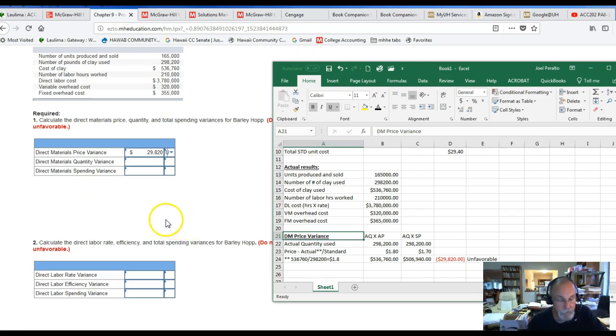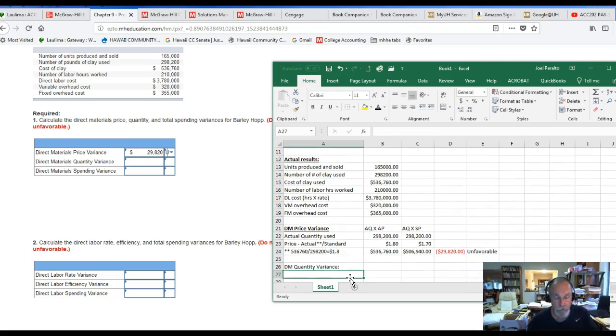Again, if we go to exhibit 9.6 in the text and take a look at the formula, direct material quantity variance, our calculations are actual quantity times standard price, which we have already done here.